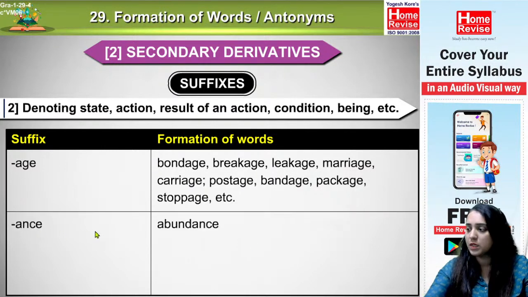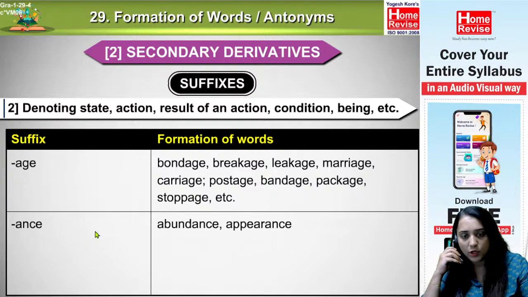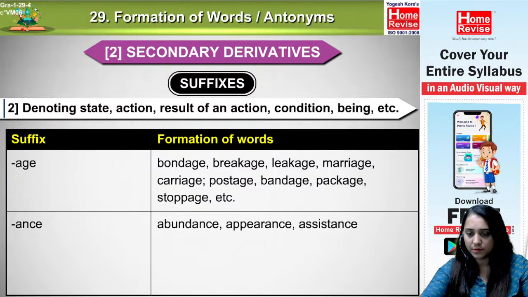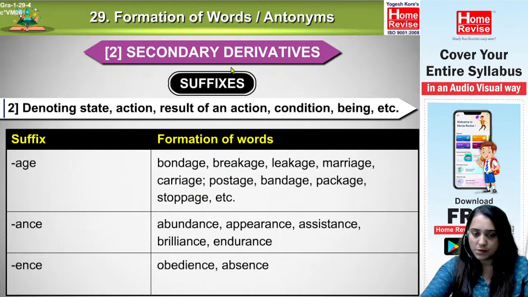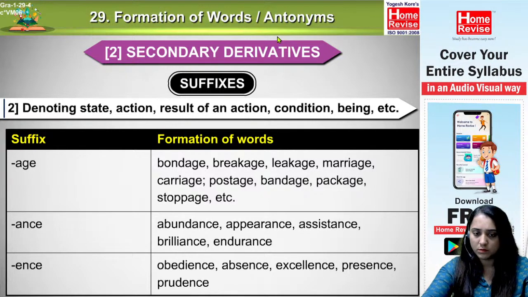ANCE: abundance, appearance, assistance, brilliance, endurance. Now I will be asking you all to give me the answers. ENCE: obedience, absence, excellence, presence, prudence.